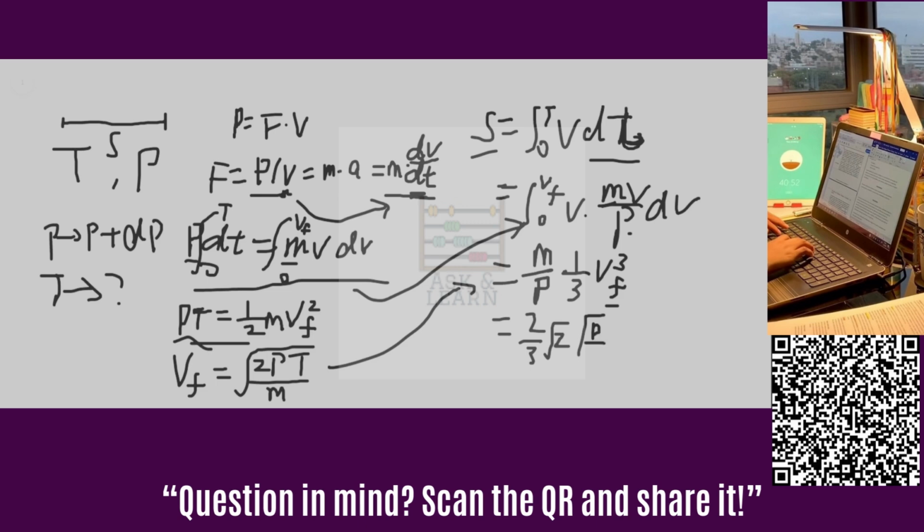Okay, so we can replace this Vf with this relation, and I found it's 2/3 square root 2 square root P over M times T with power 3/2. Okay. So this is basically the relation between the total distance s and the power and also the total time t.